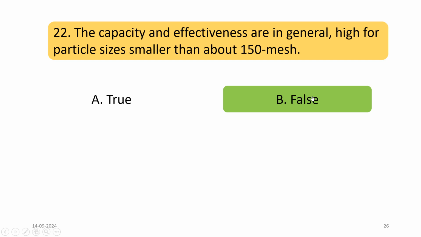When there is a 150 mesh, that means there are 150 openings inside the screen, and the diameter of the openings is very small. So that is a very fine mesh. Fine mesh is difficult to calculate capacity and effectiveness. So that is why it is false.